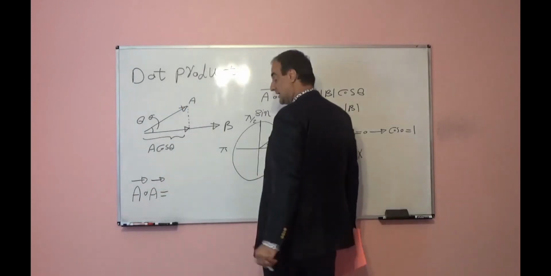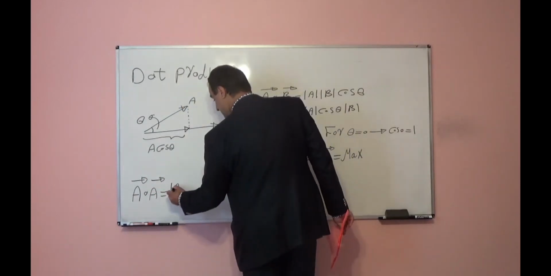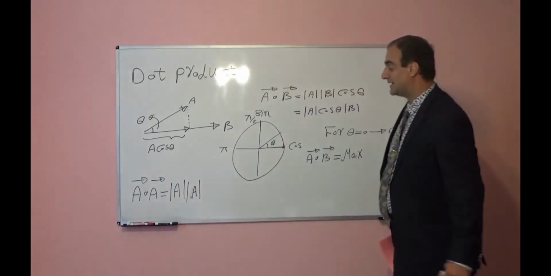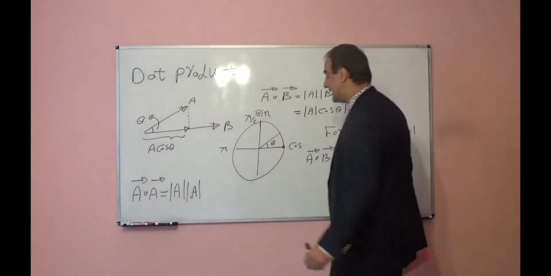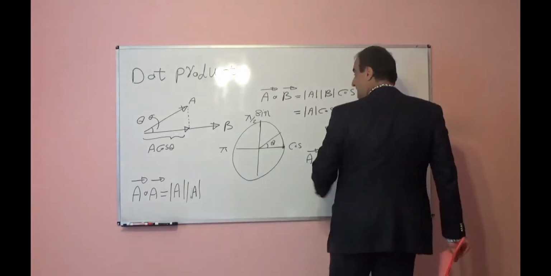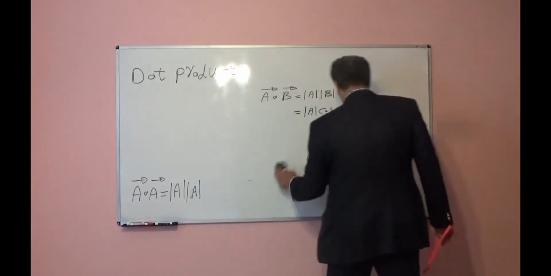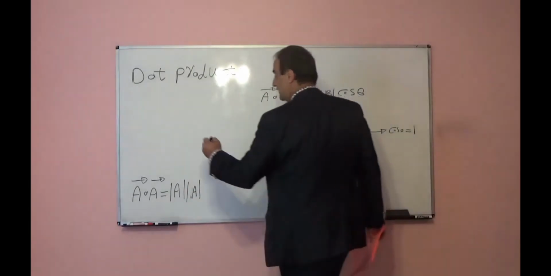From here, for example, let's look at vector A dot A. A dot A will be the magnitude of vector A times the magnitude of vector A times the cosine of the angle between A and A, because now we have only one vector.